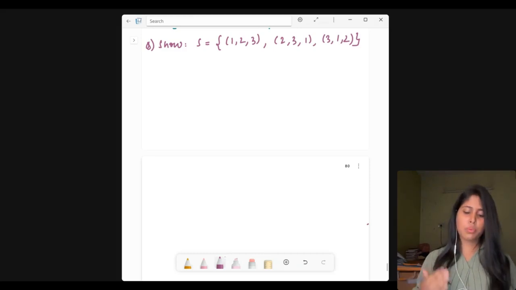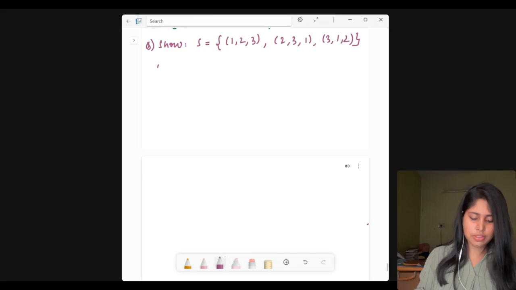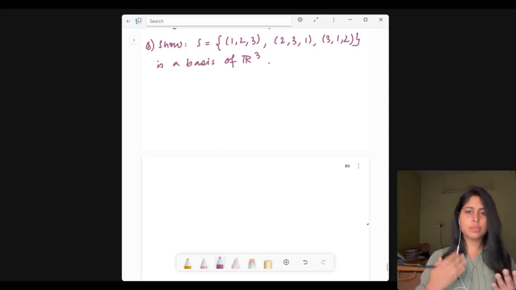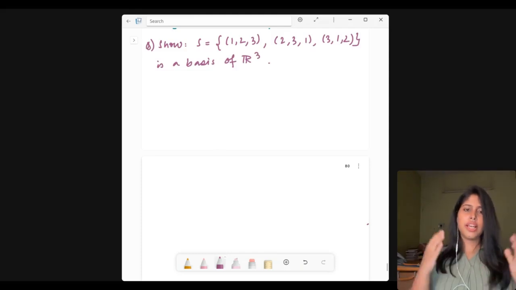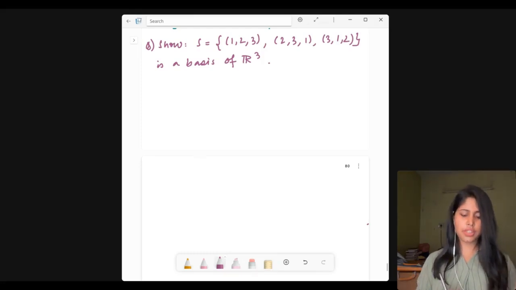So yes, now we have to show that S is a basis of R3. Now here we have already understood the conditions for S to be a basis of R3. First condition is linear independence, and next condition is that S spans R3, right? So we will write in the first statement that S is linearly independent, and second is S generates V, right?